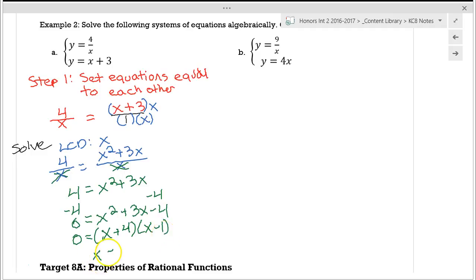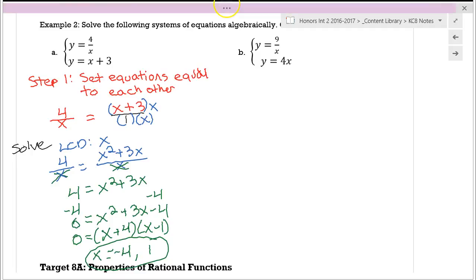Switching from factors to zeros, x equals negative 4, and x equals 1. With these systems, just setting them equal to each other, you're doing exactly what we did in the first part of 8C. You're just solving a rational equation.